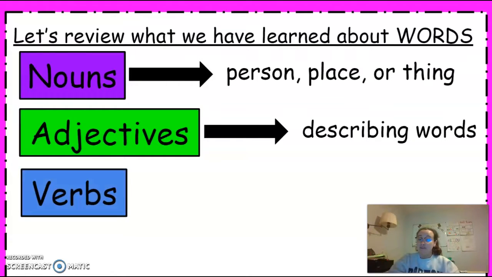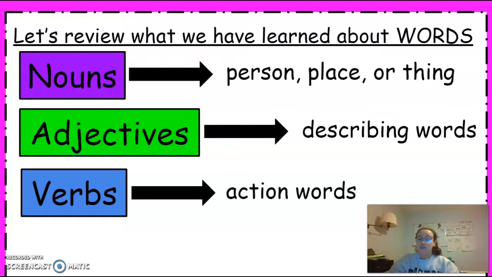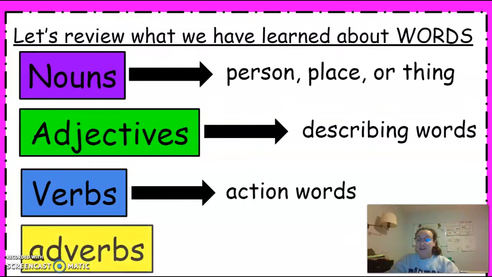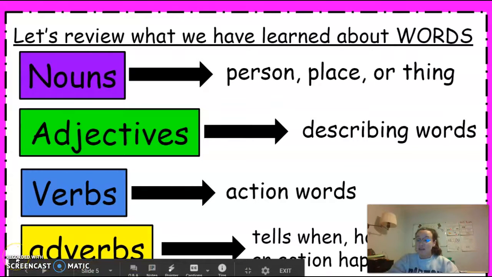Now we've also learned about verbs, and we know that verbs are our action words, right? They tell us what we are doing. And last, we just learned about adverbs, and we know that adverbs tell us when, how, and where an action takes place. So let's go ahead and practice those adverbs in our assignment today.